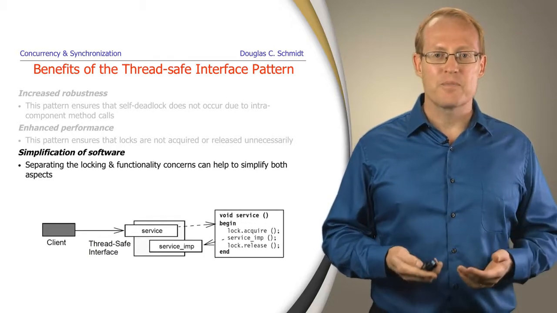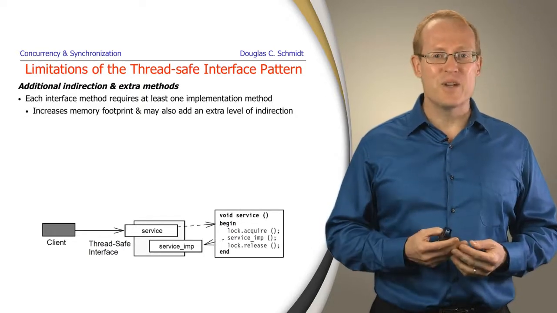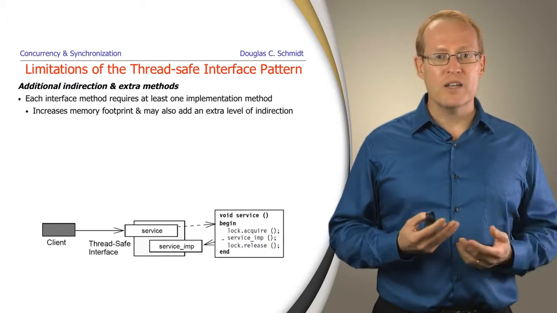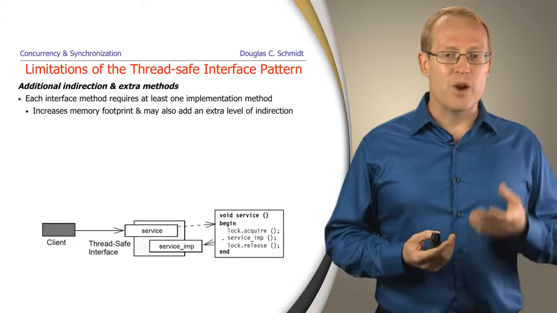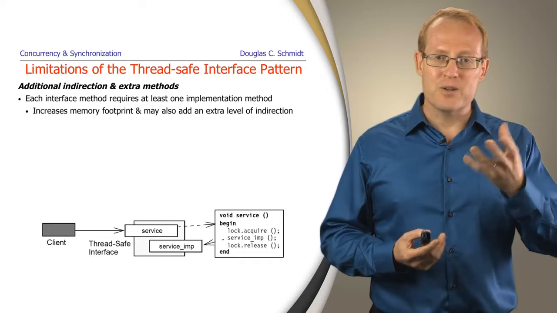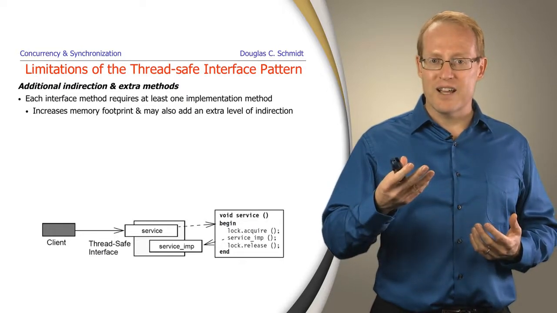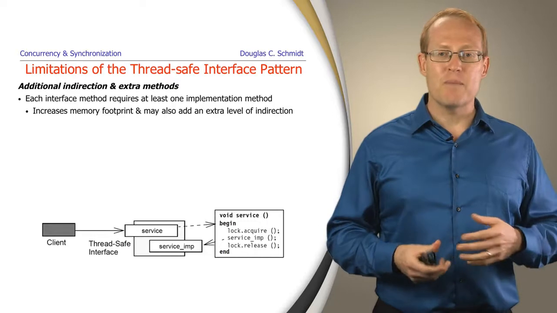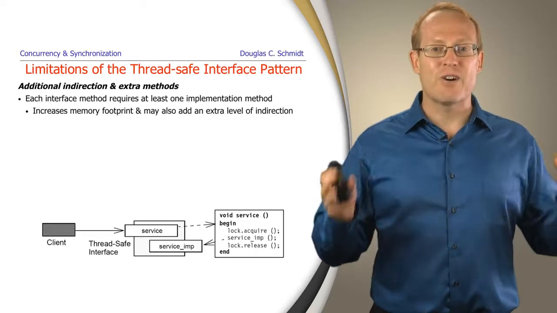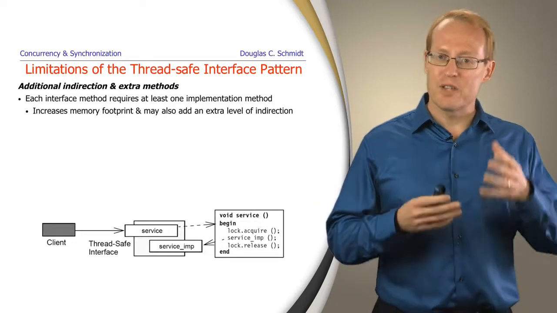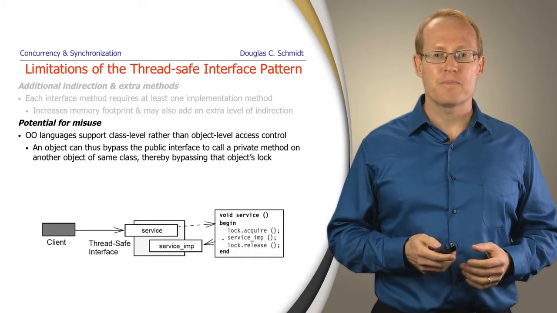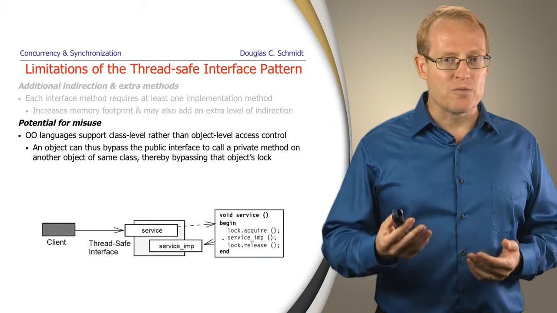And that may have some other benefits as well by being able to think more clearly about what your business logic is. Naturally, there are some downsides, as always. There's additional indirection, and there are lots of extra methods. For every interface method that matters, you may also have a corresponding set of implementation methods. So that means the surface area of your class will go up, even though the public interface may remain the same. There's also, of course, the potential for misuse.